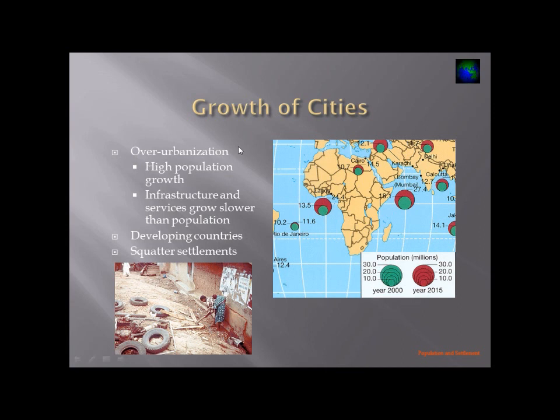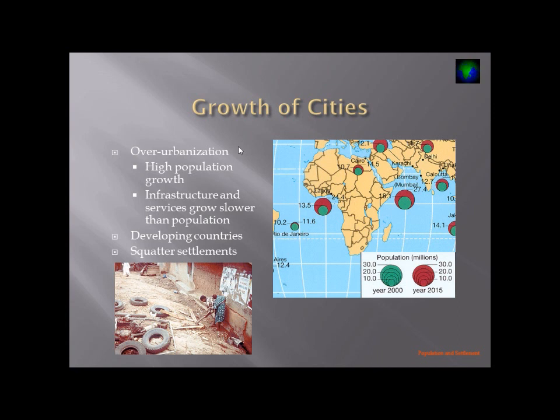Over-urbanization is high population growth, and it tests the infrastructure and services that can't grow as fast as the population. Occurs in developing countries in primate cities where folks leave their ability to take care of themselves, to feed themselves, to provide shelter, to provide clothing for the hopes of getting a job and becoming so-called middle class in the cities.